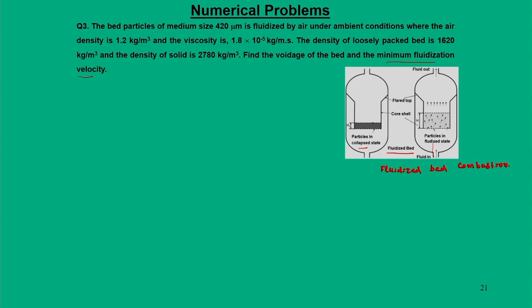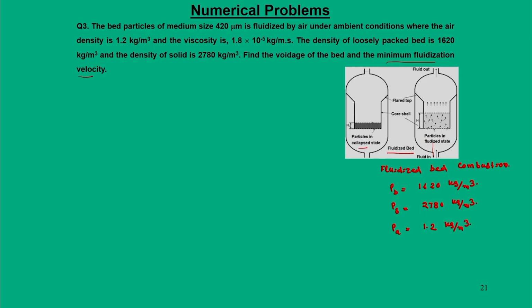So, here basically there are three densities. One is the density of the bed, rho B, which is 1620 kg per meter cube. The other is the density of the solid, that is coal, rho S, 2780 kg per meter cube, and the third is the density of air, which we all know is 1.2 kg per meter cube.